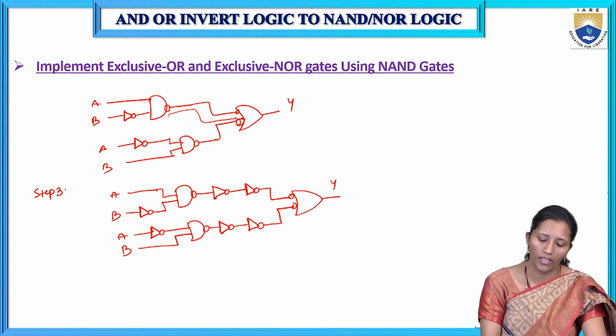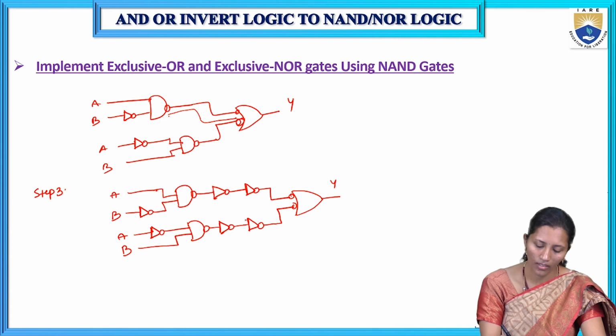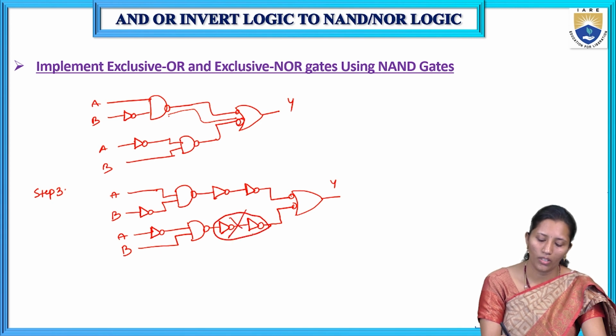Okay. In step 3, here we are adding two inverters. So if we have two inverters in the same line, remove these inverters. Okay. And realize these NOT gates in terms of NAND, because we are implementing the XOR gate using NAND gates, NAND realization.